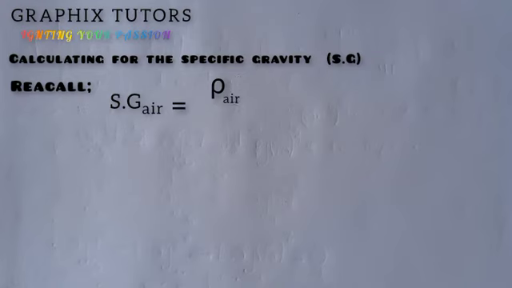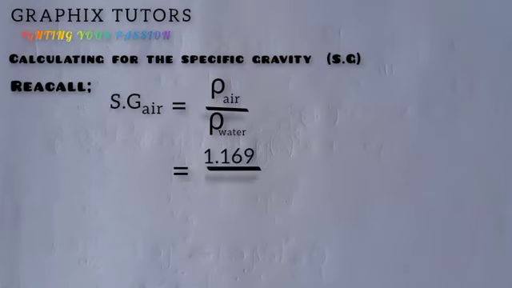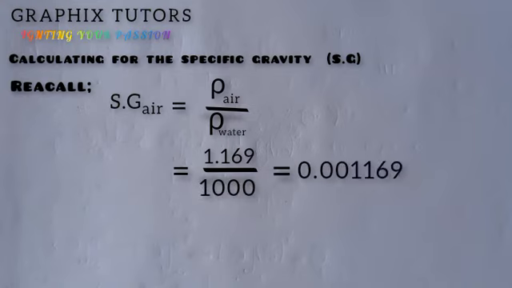The density of air over the density of water. Now what is the density of air? It is what we just got here, 1.169, over the density of water, which is 1000. That will be equal to 0.001169. Specific gravity doesn't have a unit, it is dimensionless.